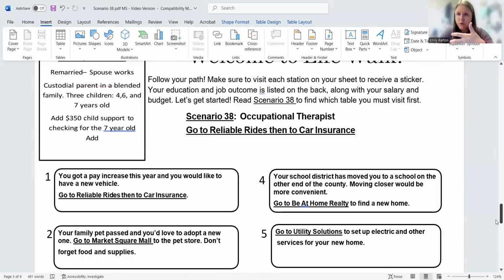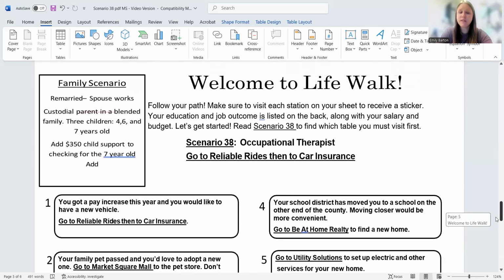So as you walk through those stations, you're making your purchases based on the family scenario in the family scenario box. So let's talk a little bit about that family scenario. They're all, again, just like your occupation and education, going to look a little different. So for mine, it says I am remarried and my spouse works.